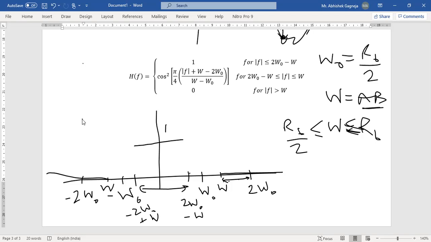Now the main idea is what happens with this cos square. This is why it is called raised cosine. The very first thing that you note: cos square, what does that mean? Converted into 1 plus cos 2 omega. So what you get is 1 plus cos of pi by 2 into the whole thing, the whole divided by 2.